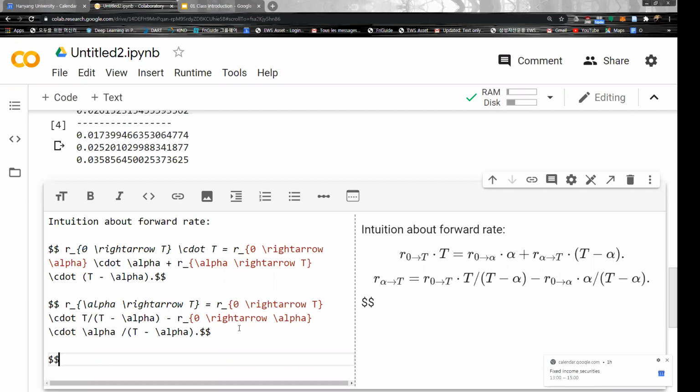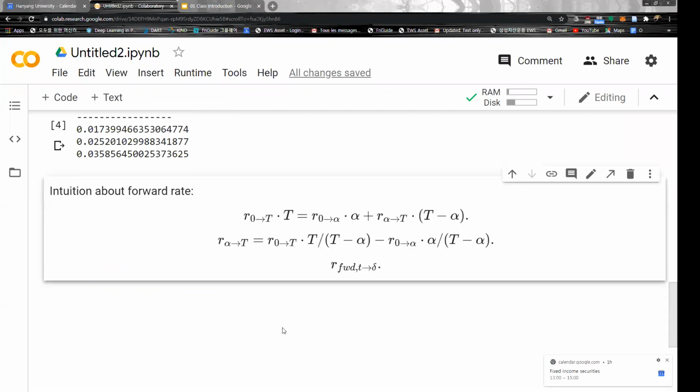Forward rate from T to T plus delta. So what I use is forward rate from T to delta.